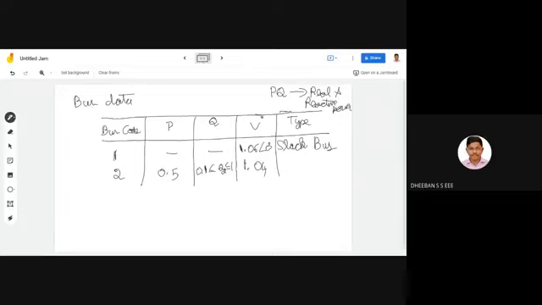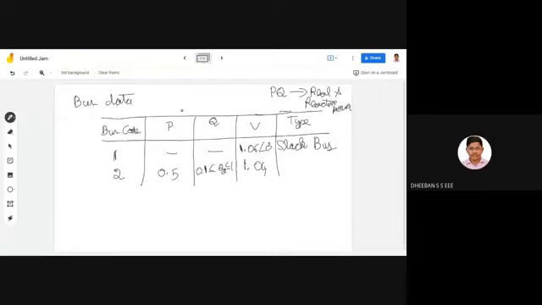For the second bus, they have given the value of voltage, but they have given Q in a range, not as a fixed value. So this reactive power is in a wide range, whereas your voltage is a fixed constant value, 1.04. So this contributes to what kind of bus?